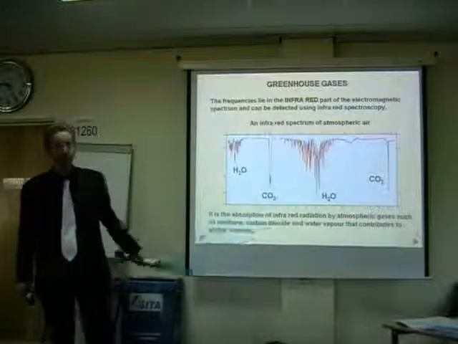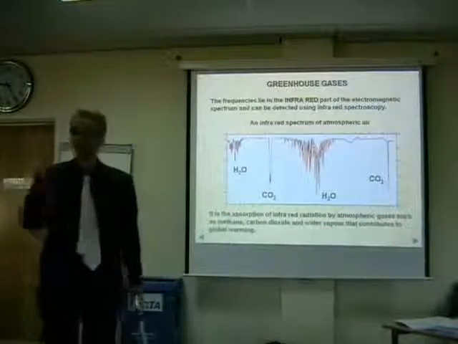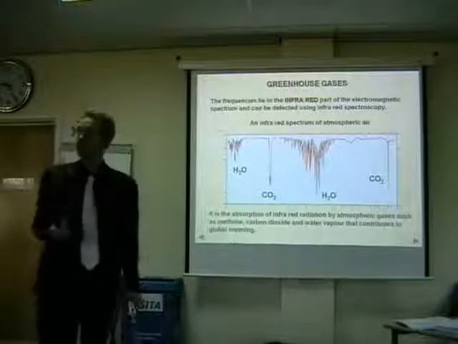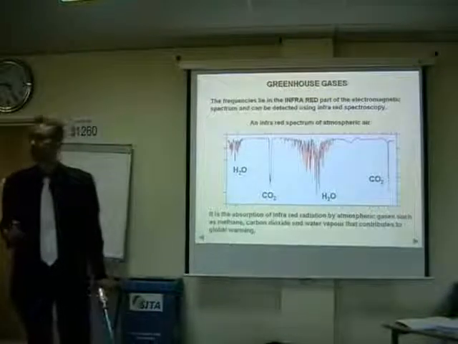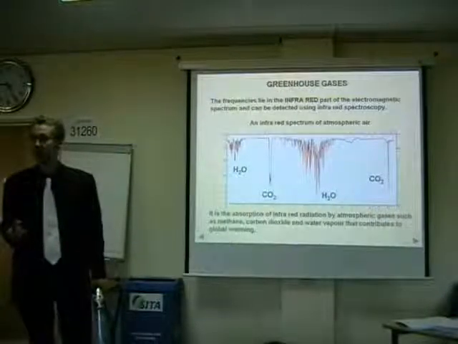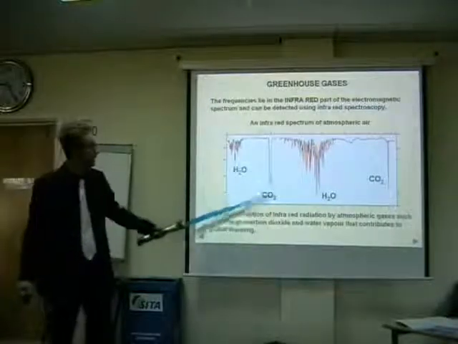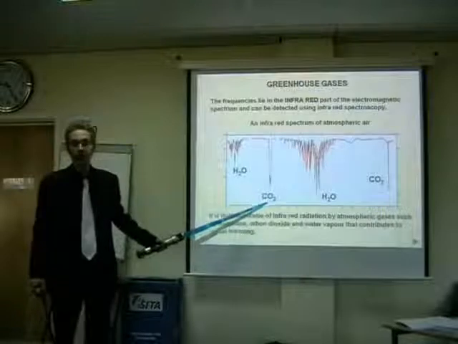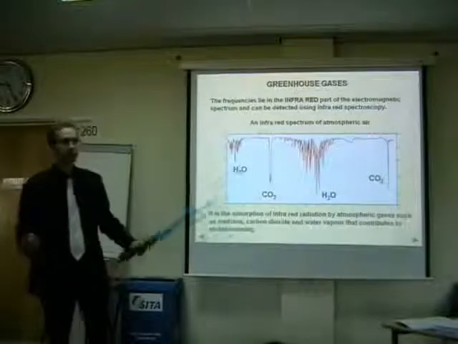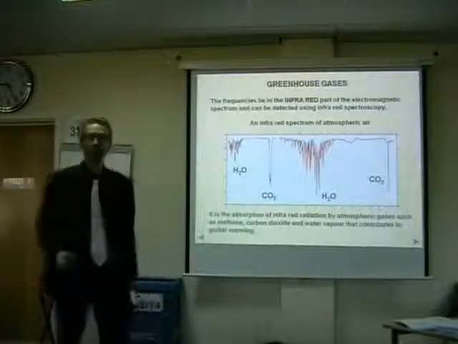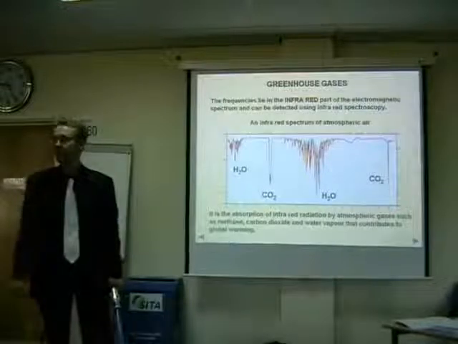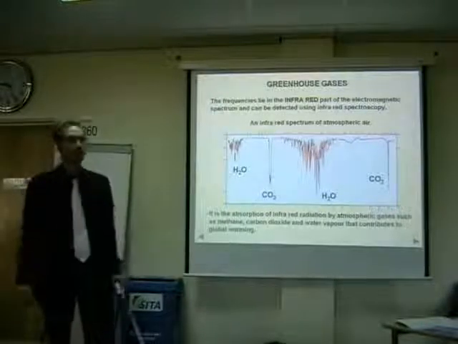On that data sheet, it has a table of functional groups versus wave numbers, which are the units that we use for infrared spectroscopy. All you have to do is go, aha, this peak here is about 1650. You look it up, what's got a peak at 1650? C double bond O, therefore that peak is due to a C double bond O. It's as simple as that at A level.